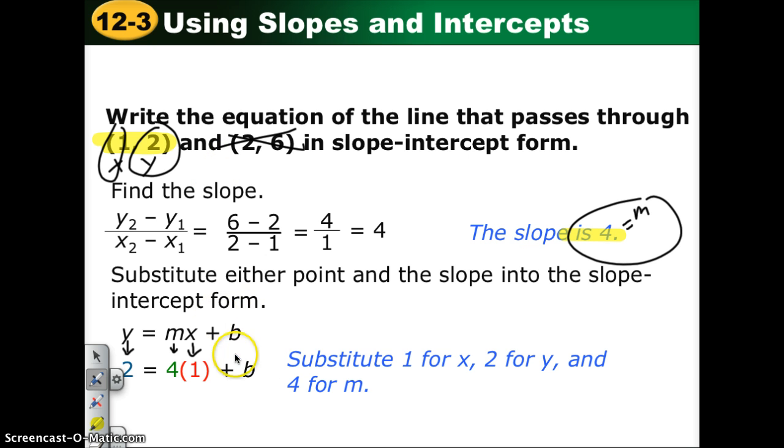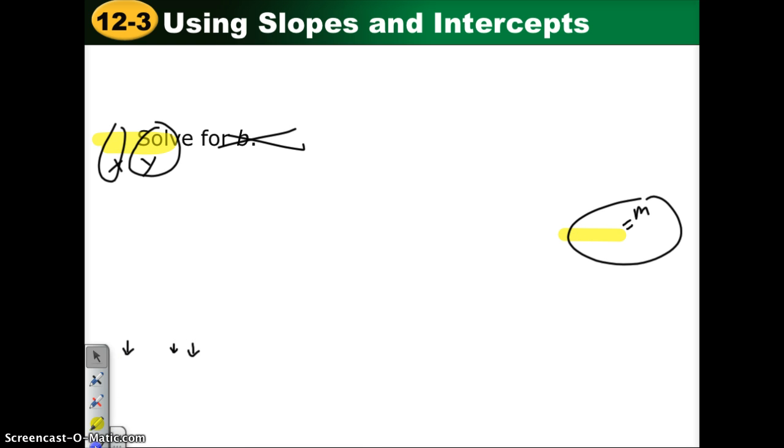Now we still have the plus b, and that's the number that we have to solve for in order to write our full equation. So the next step is to simplify, and that's the multiplication. So 4 times 1 is just 4. Now we need to continue this process until we get b by itself. So to get b by itself, we want to get rid of the 4. It's being added and it's positive, so we're going to subtract that from 2. So we'll continue this.